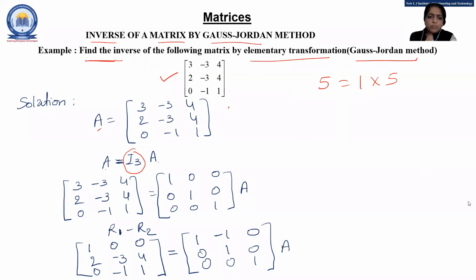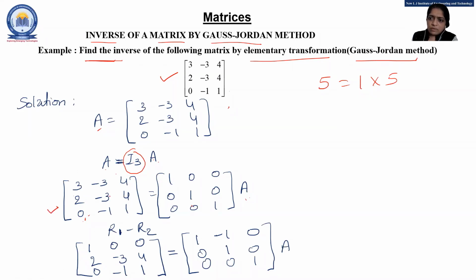So this is my A, which is given. I3 is the identity matrix. And this A, I'm simply writing just A here. Now, listen student. By doing reduced row echelon form, I convert my left hand side matrix into the identity matrix.